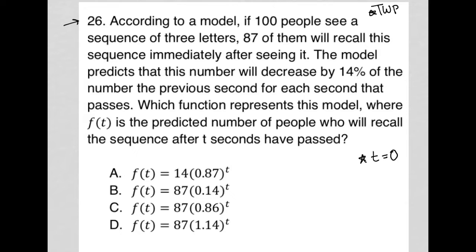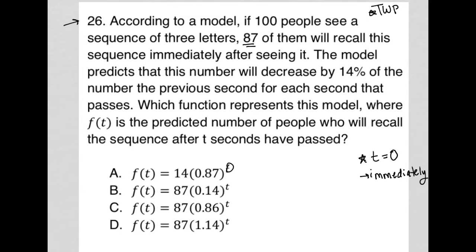Perfect. So t equals 0 is synonymous with immediately. T equals 0 means no time has passed, which means it is immediately. The question says 87 should be our answer if we don't let time play a role here. So what happens with choice A?